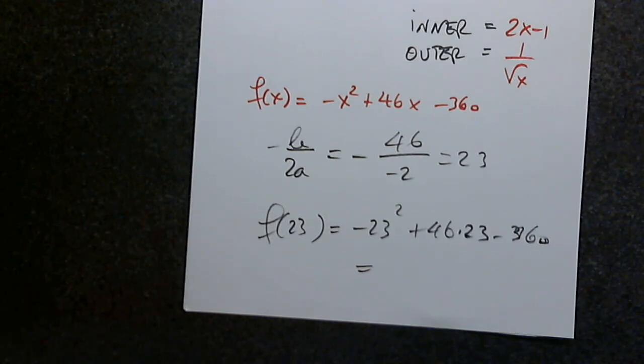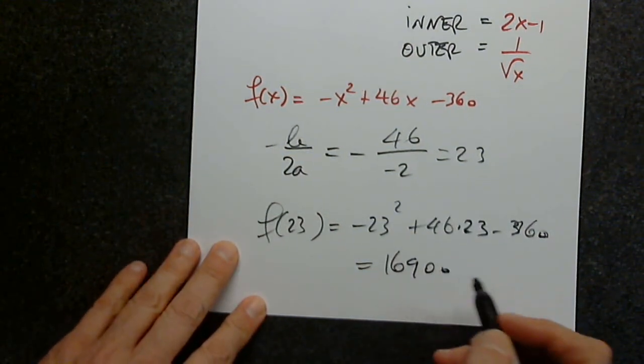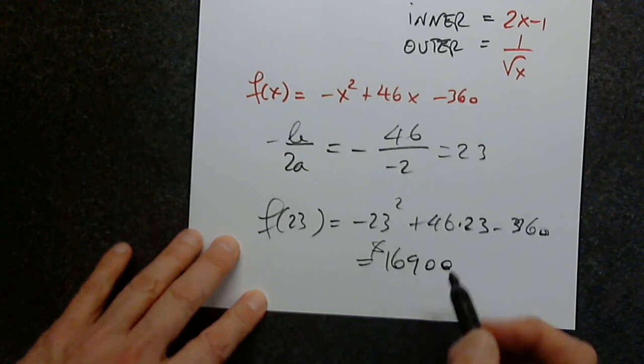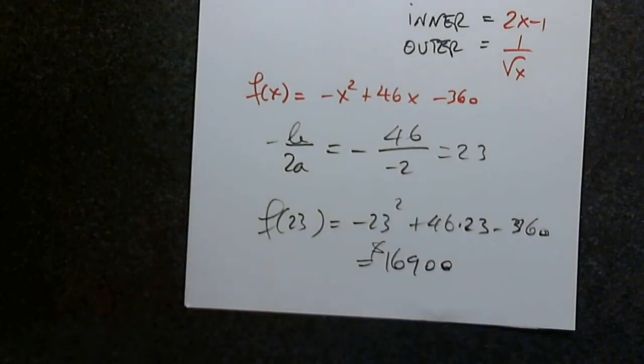So you got 169. It's in hundreds of dollars, so we have to put 2 zeros at the end. So you're going to say to the manager, listen, if you manufacture 23 computers a day and you sell them, your net profit will be $16,900 per day, which is a pretty good deal.